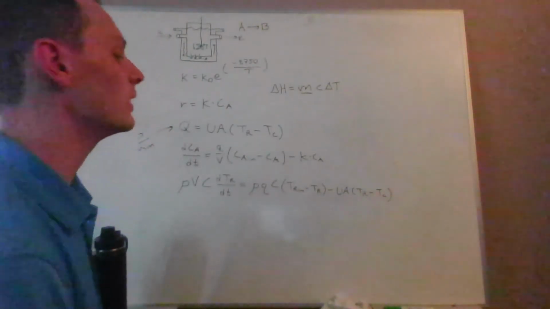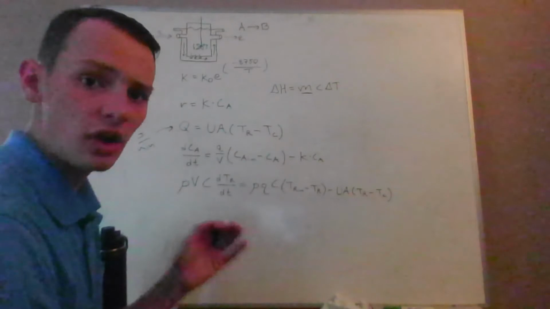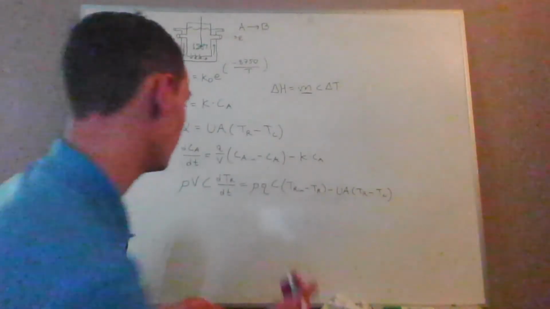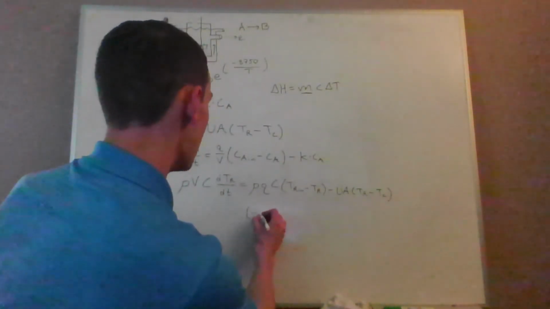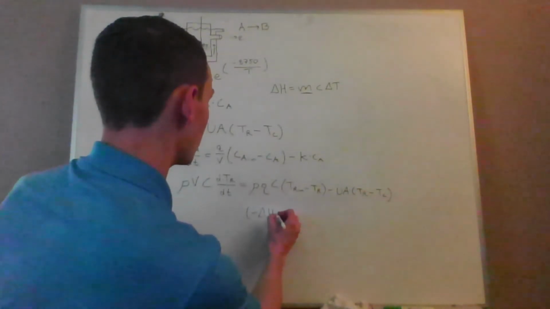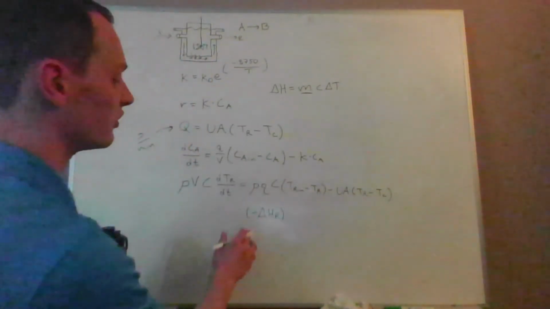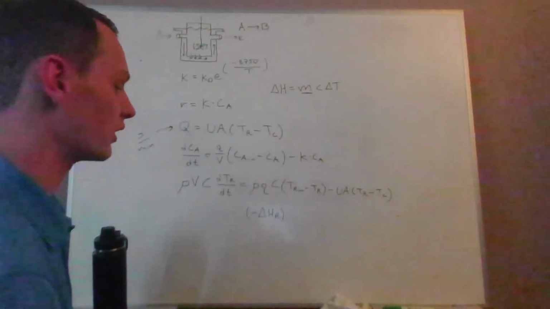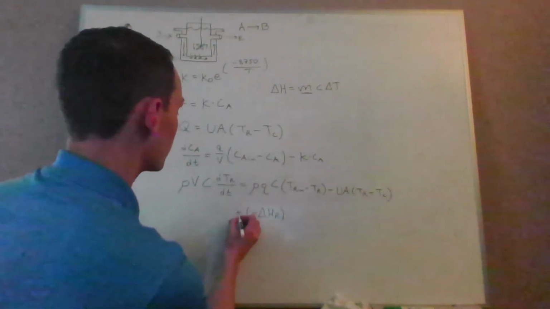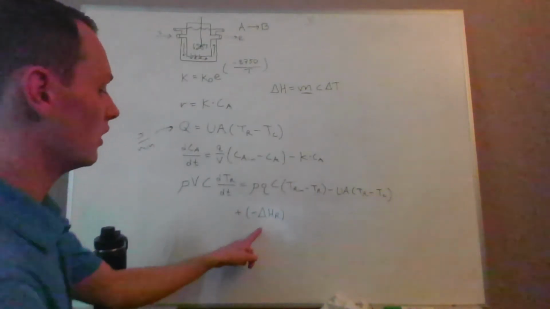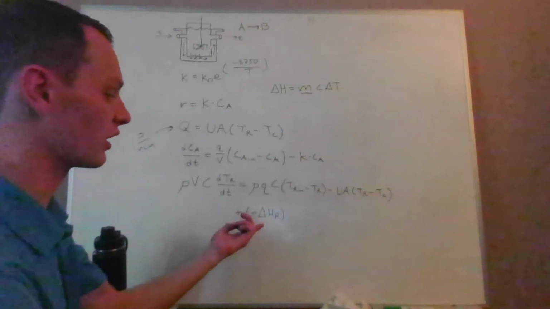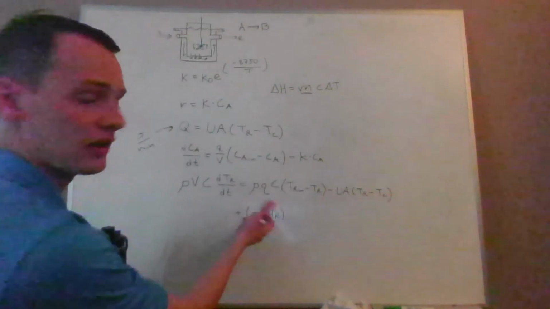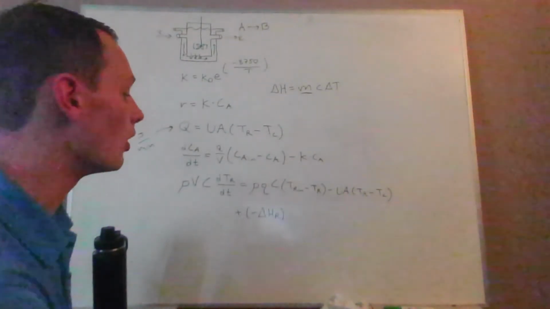So what do we need to do for this? Well, our delta H was given to us. So we have the negative delta H_R. And by the way, this would be on the right-hand side of the equation. I know I'm kind of running out of room there. Okay, so we're going to add this, as I said. So how much is there going to be of this? And we know that this was expressed per mole.